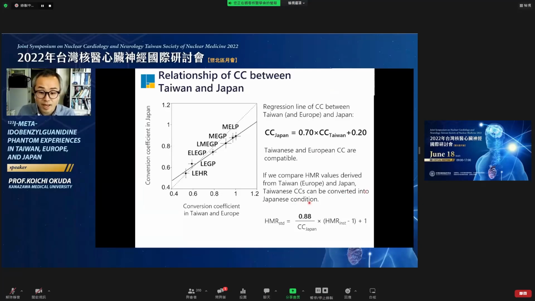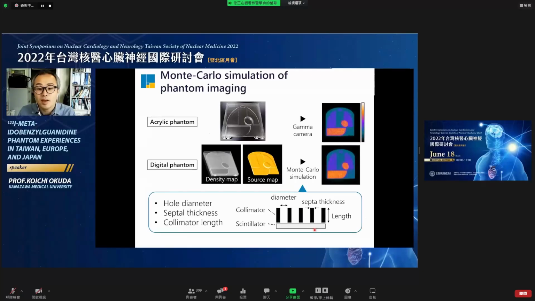Then we can get standardized HMR values using the following equation. In the next several slides, I will introduce the future direction of MIBG imaging and the evaluation of MIBG images.